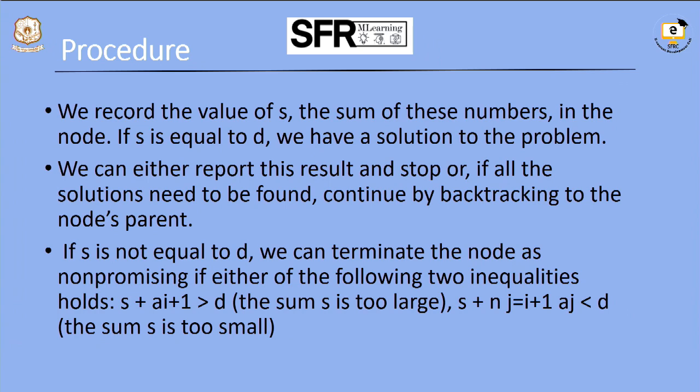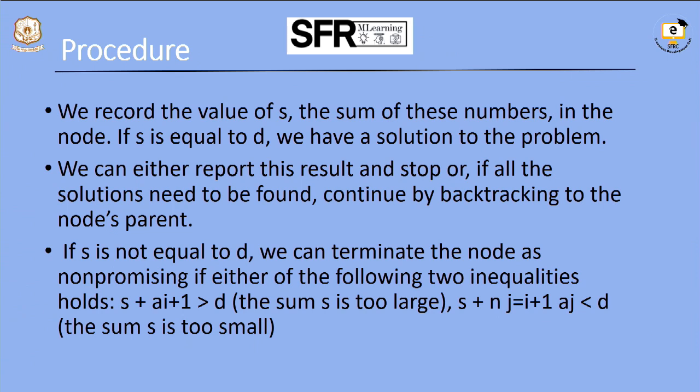So what we have done? We have recorded the value of S in the node. If S is equal to D, then we have reached the solution. Here it is 15, so the general variable is D, and if we do not have D, then we can stop, or we can go back and identify the correct solution.